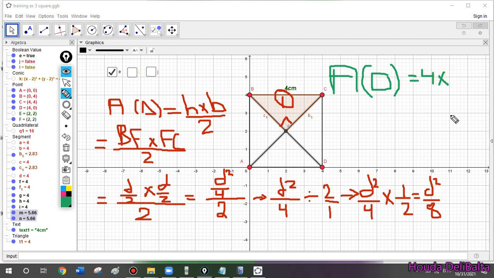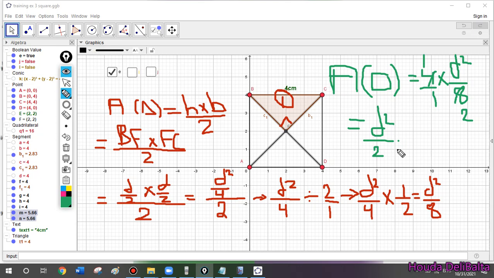So it's 4 times D squared over 8, and by simplifying 4 and 8 we get D squared times 1, which is D squared, and we still have 1 times 2 downwards, so we get D squared over 2. And by this we prove that the area of the square using the diagonals is equal to the square of the diagonal divided by 2.